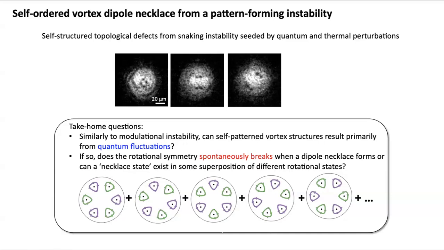That means that if this is a fully quantum instability, then when we evolve the gas, before we actually measure these vortex dipoles, they could in principle be in all possible angular orientations.